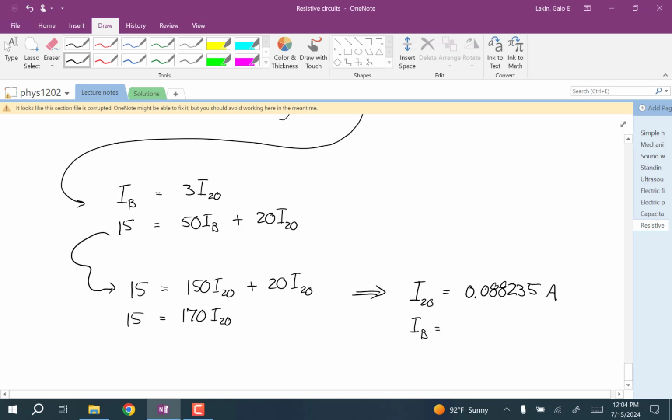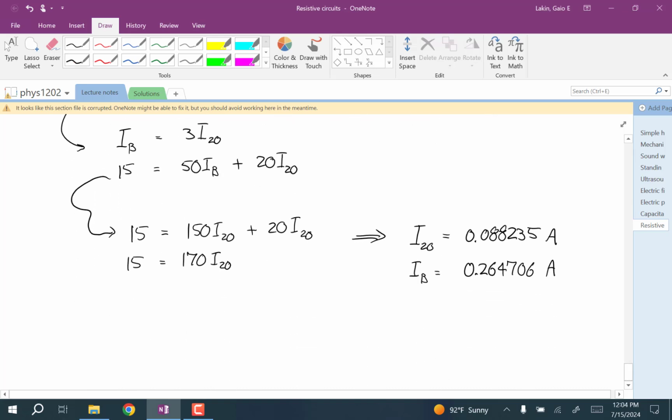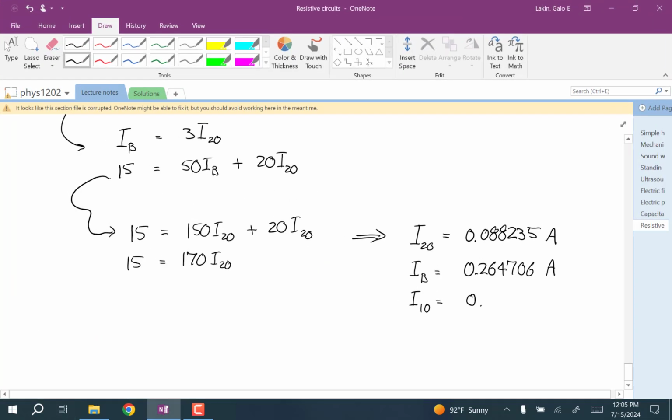And so the current at the battery is 0.264706 amps. I10 is equal to 2 I20. And so that is equal to 0.176471 amps.